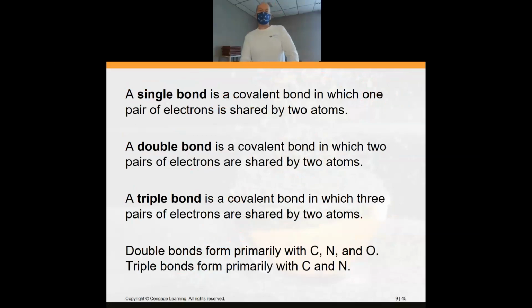All right, when we do bonds, we can have a single bond, which we showed, hydrogen, hydrogen, that has a single bond. When we do a double bond, an example here would be oxygen. So we know that hydrogen is H2, and that is the Lewis structure for hydrogen, H2 diatomic. We also know that oxygen is diatomic.